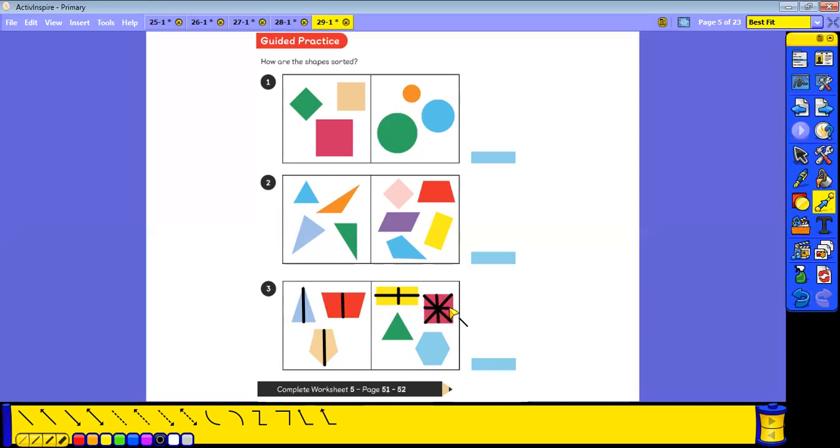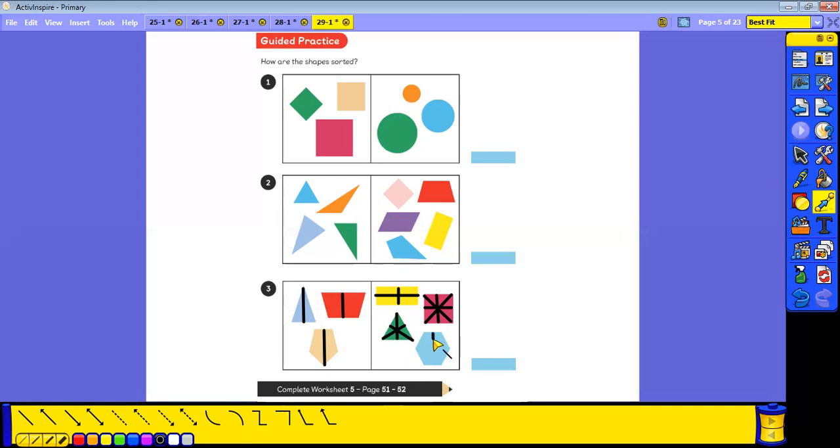How many lines of symmetry we've got on our square? And then we've got this special triangle here. I don't know if you spotted this triangle has 3 lines because all its sides are the same length, and we can fold it in those 3 different ways.